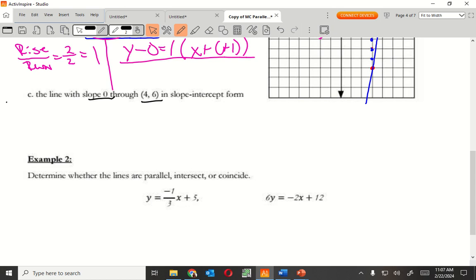That means I'm going to start with y minus, what is y from my point? 6, very good. So 6 equals m. What is my m? 0, very good. Now, times the quantity, x minus, what's x from my point? 4. There we go.